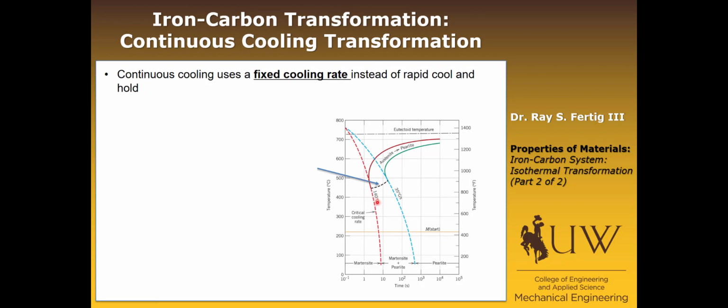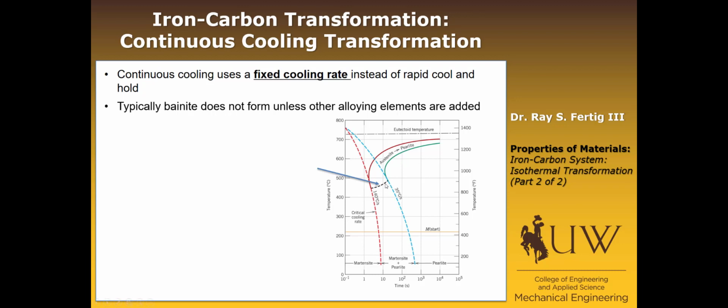The main feature is that you have the same shape, an austenite to pearlite region that we had before. It's worth noting that bainite doesn't usually form in a continuous cooling case because we can't cool fast enough in that fashion. So we really only have three possible phases: martensite, pearlite, and austenite. There's no bainite here.